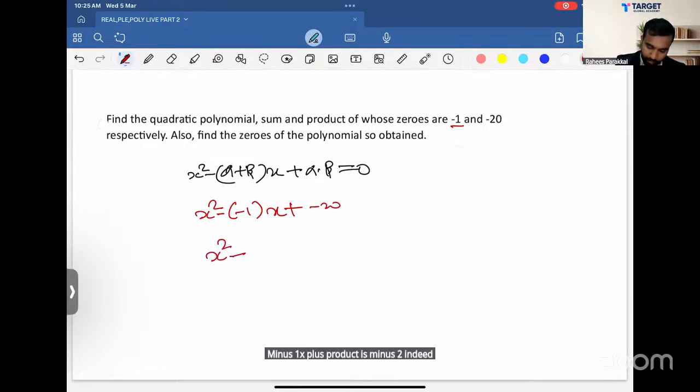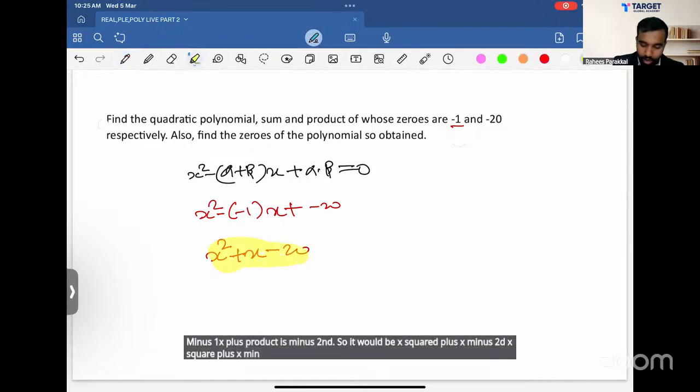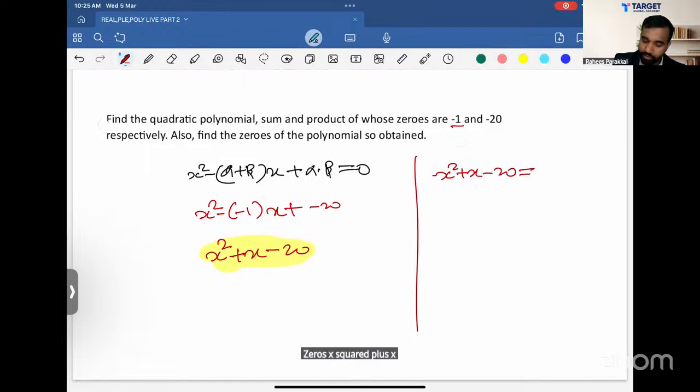So it would be x square plus x minus 20. x square plus x minus 20 would be our polynomial. Then we have to find the zeros. x square plus x minus 20 equals 0.